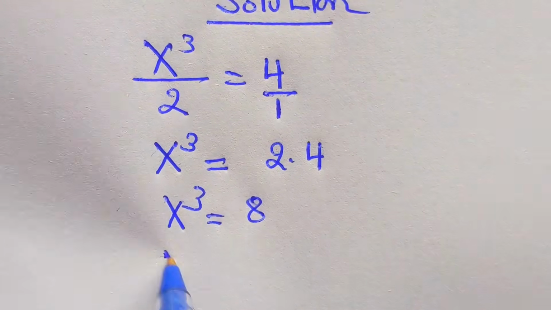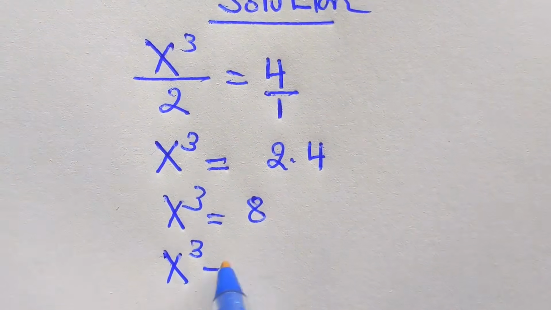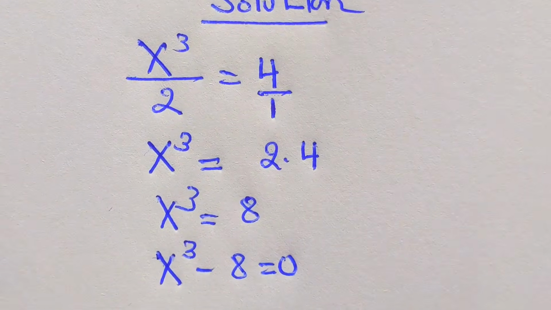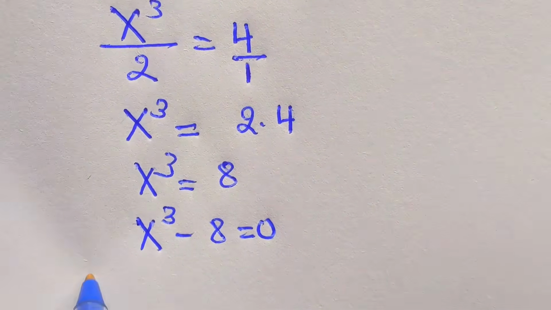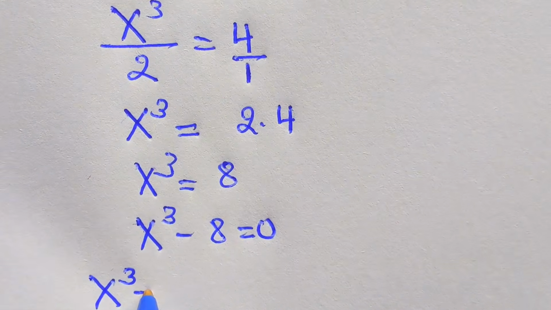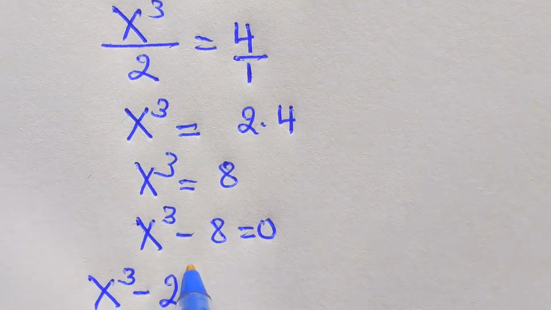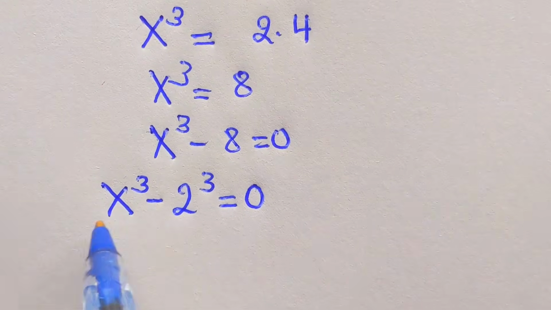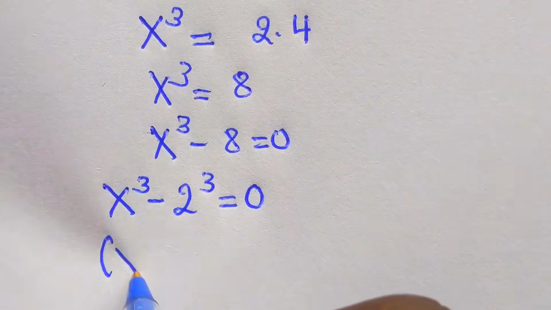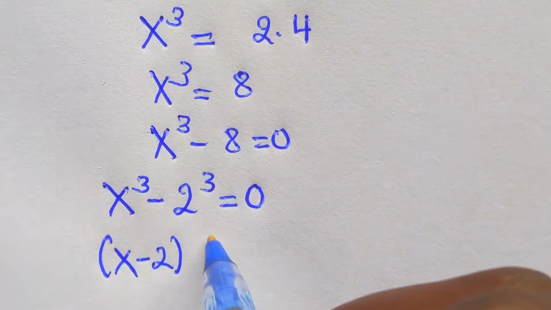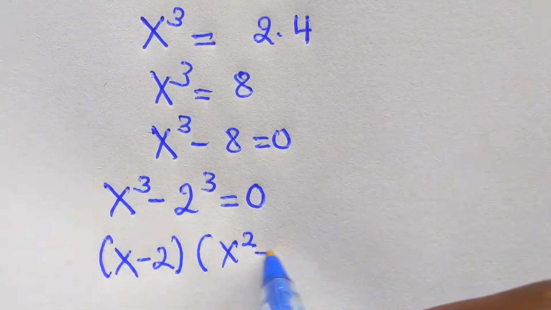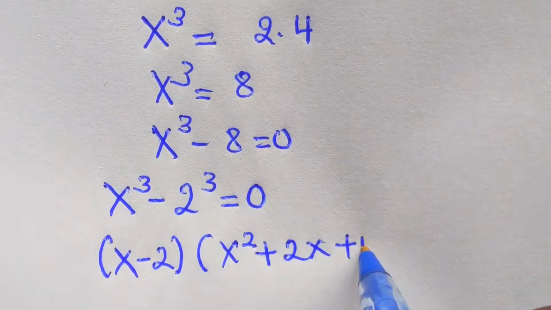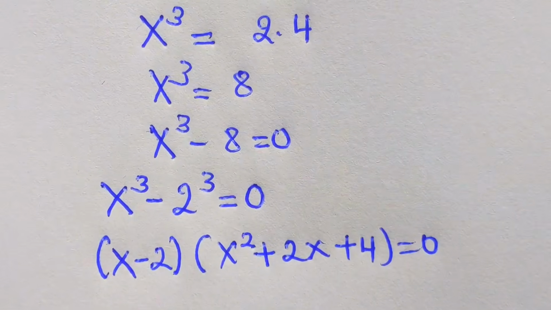Right, so x^3 minus 8 equals 0, and of course x^3 minus 2^3 equals 0. For this one we have (x minus 2) times (x^2 plus 2x plus 4) equals 0.